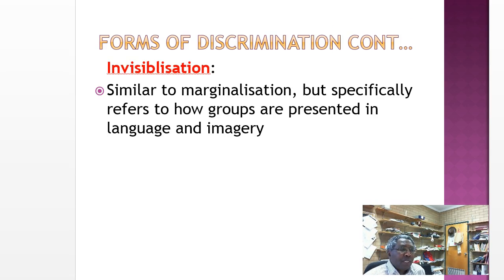Another form of discrimination is what has been described as invisibilization. Same as marginalization, but this particularly makes reference to how language and imagery is used, say in the media and literature. Some groups are made to be invisible, or you don't see them. You don't see particular groups represented in the media, or even when you are presenting a typical Australian male or bloke.